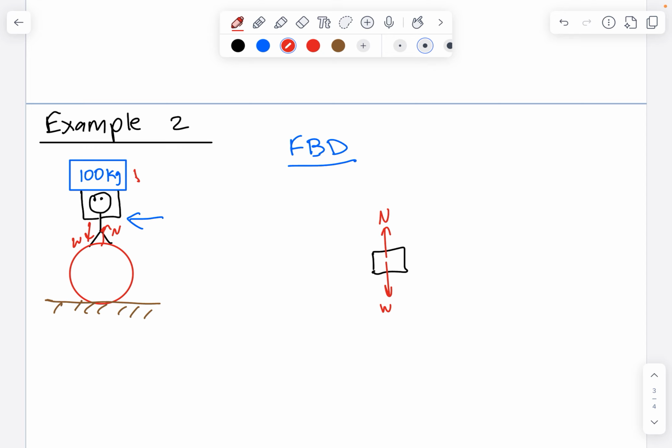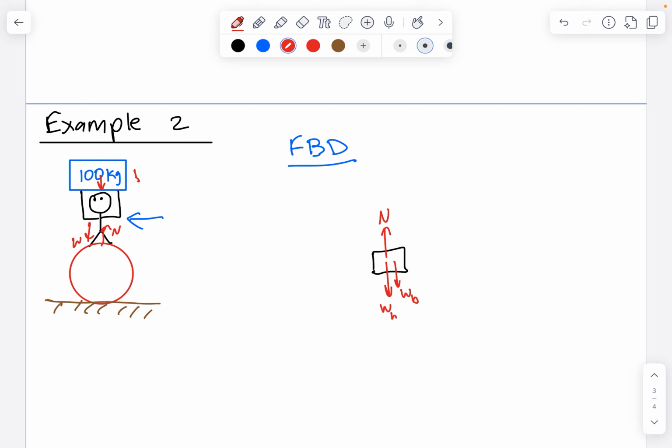And right, the 100 kilograms has a weight force pushing down onto the person. So I'm going to draw that. So I'm going to draw an arrow pointing down. And this is W human. This will be weight of box pointing down, right?